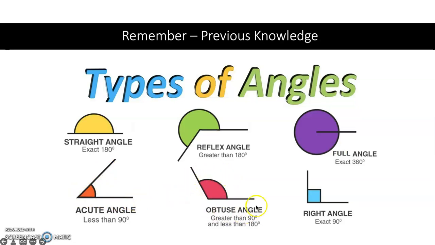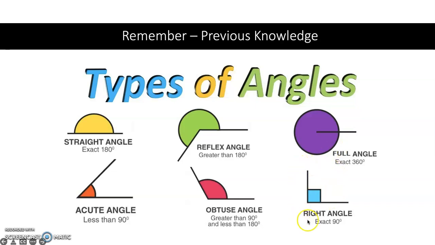An obtuse angle is an angle that is greater than 90 degrees, but less than 180 degrees. A reflex angle is an angle that has more than 180 degrees. We call a full rotation a full angle, a complete 360 degree angle.